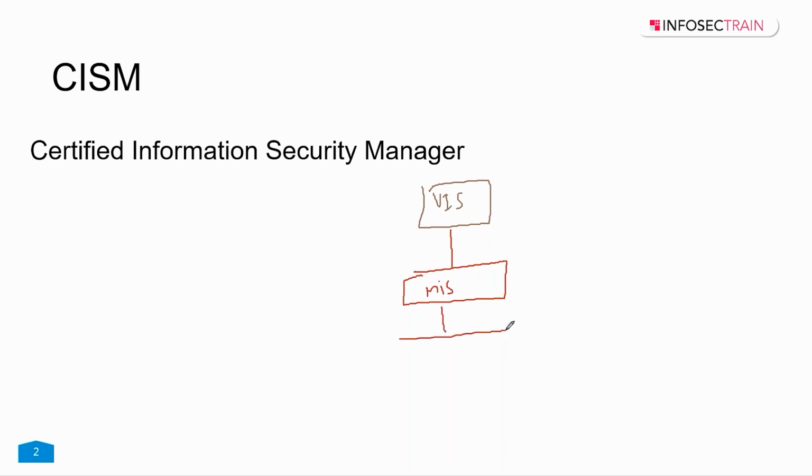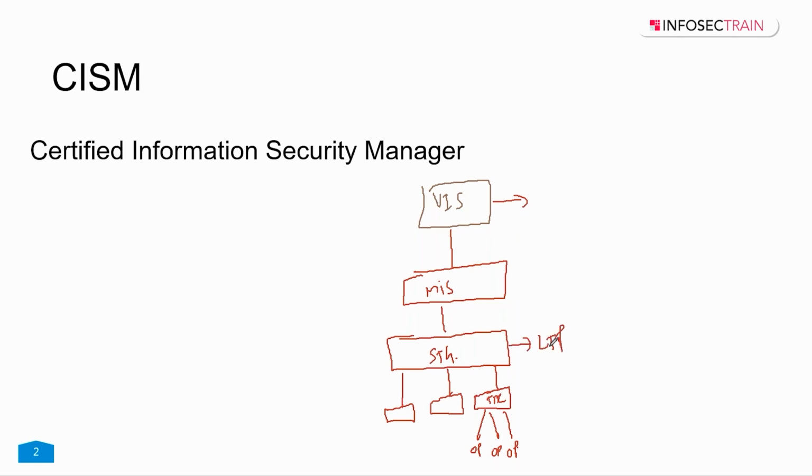Based on the mission, we create a strategy. Then we create a tactical plan, and then an operation plan. So vision is what we set, mission is there, strategy is a long-term plan, tactical is a mid-term plan, and operation is a short-term plan.